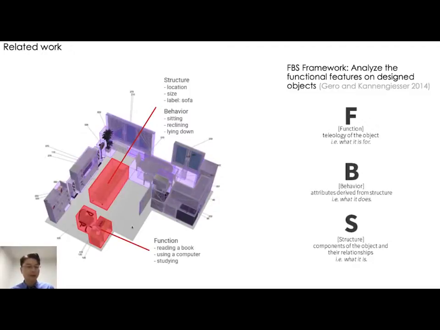So if you think about this cluster here, the function of this cluster is reading a book and using a computer, or maybe it could be summarized as a studying space. The function is study.